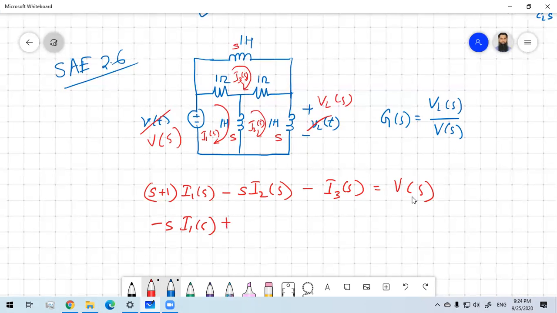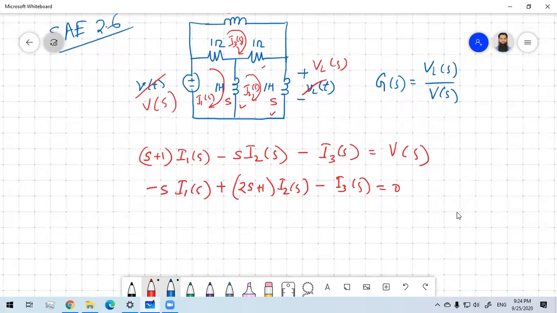Then you have the summation of all the impedances: 2 inductors and 1 capacitor, so we write twice S plus 1 with I2S. What is common between 2 and 3 is basically 1 resistance, so minus I3S is equal to 0.